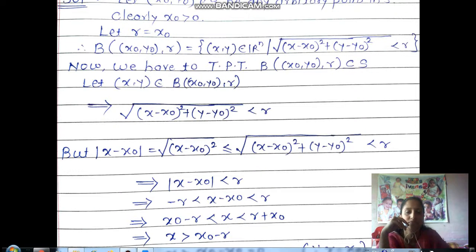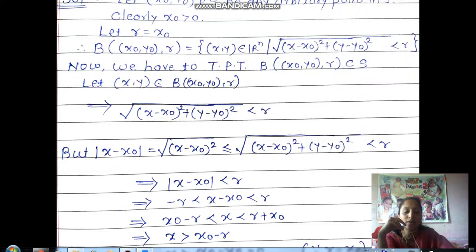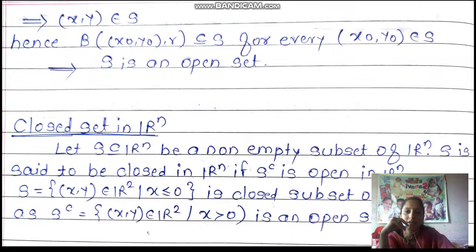Therefore, clearly we get B(x0, y0; r) is a subset of S for every (x, y) belonging to S. Therefore, S is an open set.